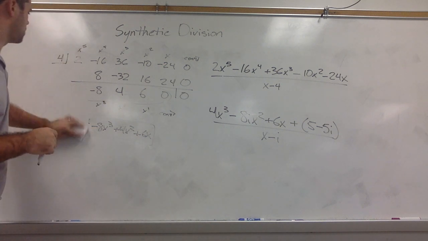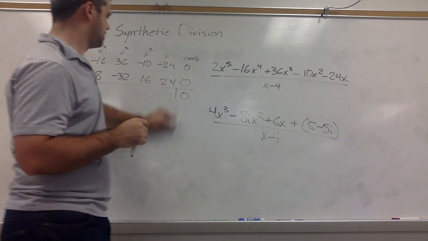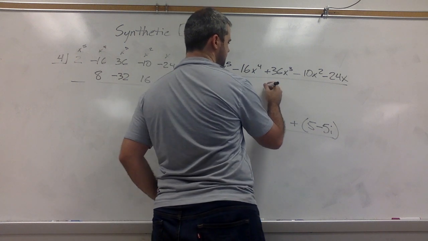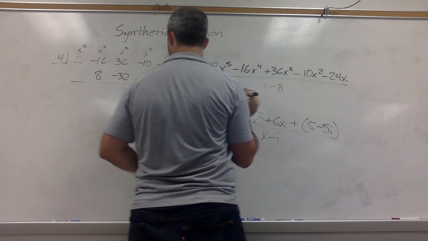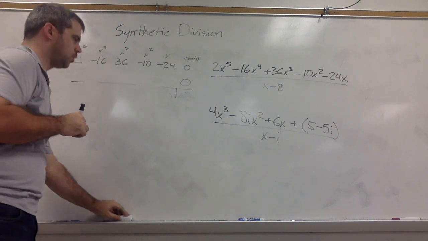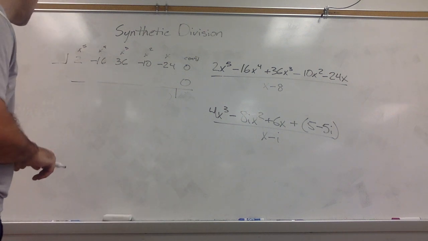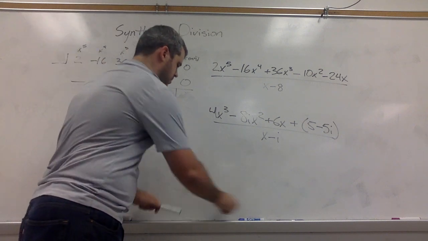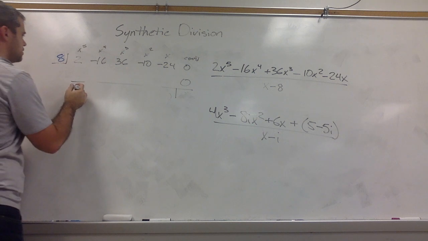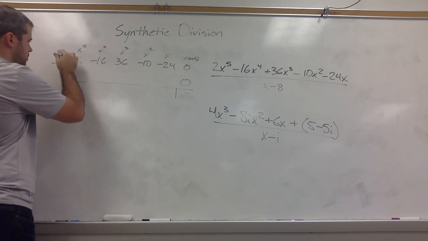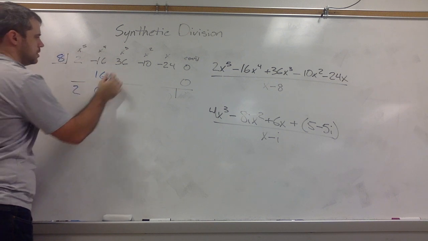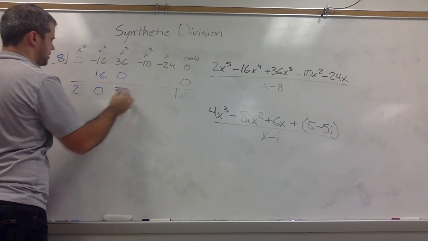Let's do synthetic division one more time on this one. Let's do x minus 8, just to see what happens with other values. So let me see if I can use a darker marker here. So let's do 8. So we get 2, 16. We add, we get 0, 0 again, 36.